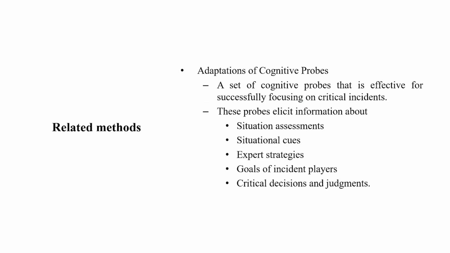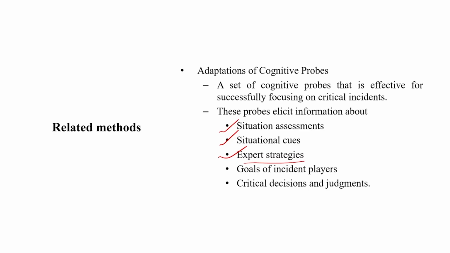Adaptation of cognitive probes. What does it do? A set of cognitive probes is effective for successfully focusing on the critical incident, and these probes elicit information about situation assessment, situational cues, and expert strategies. It is very important when you are talking about expert strategies.